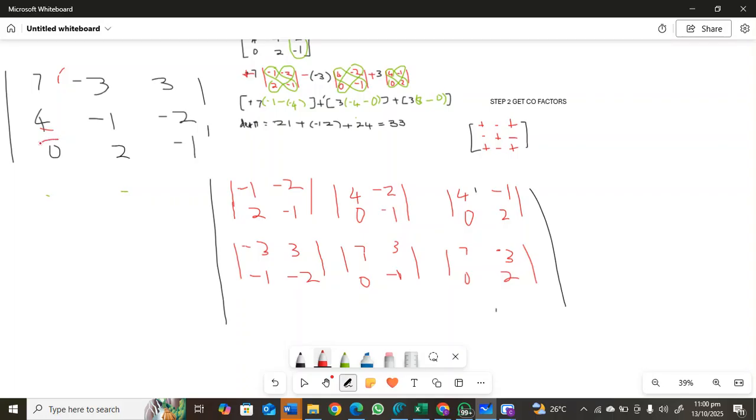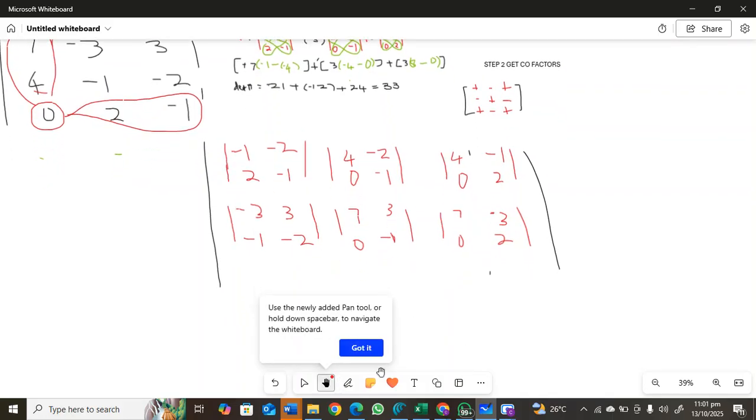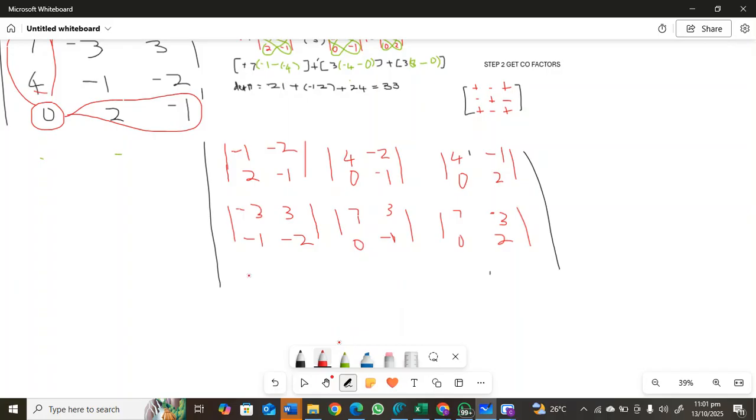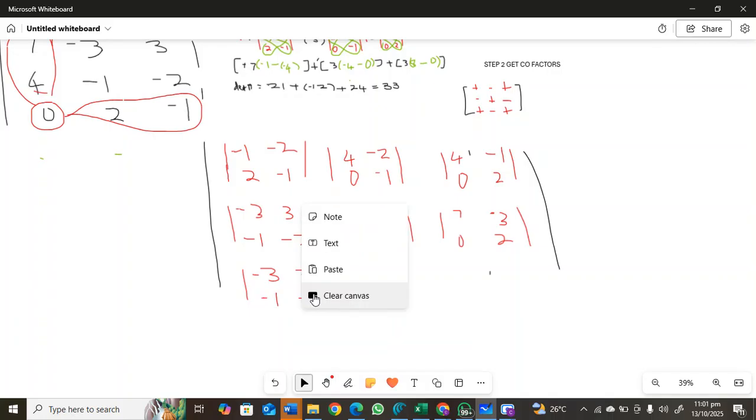Okay, so here in the bottom row, the first number 0, get this, get that. So we have 3, negative 3, negative 3, 3, negative 1, negative 2.